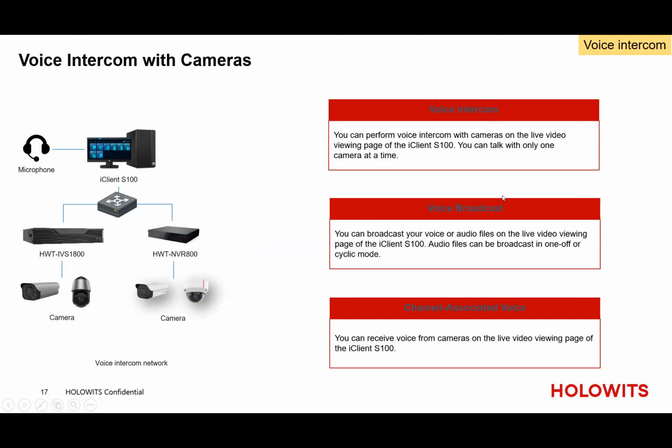We can upload a file or use a built-in voice file, and then you can make the camera broadcast on a loop. The last one is channel associative voice. Instead, you can receive sound from the camera side. You can read the function about this.